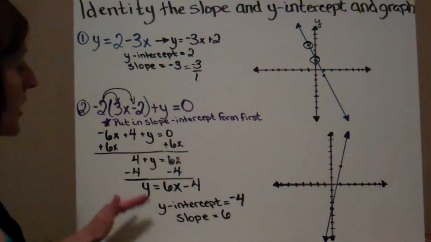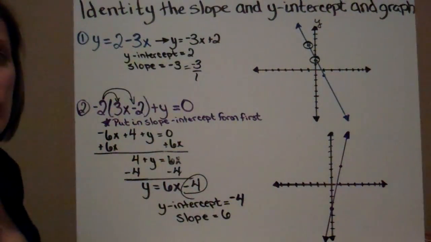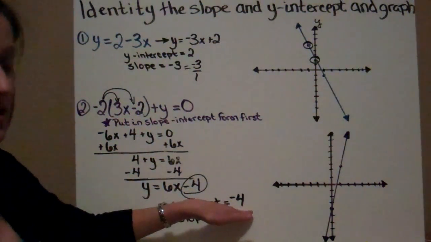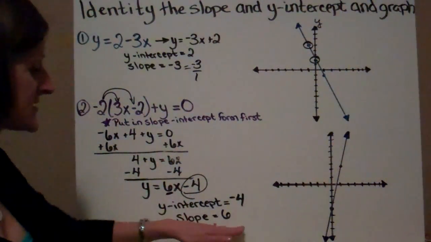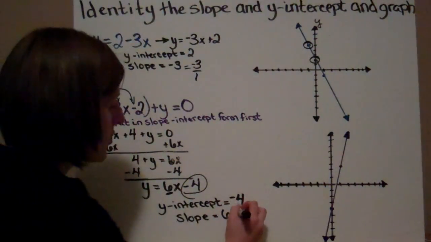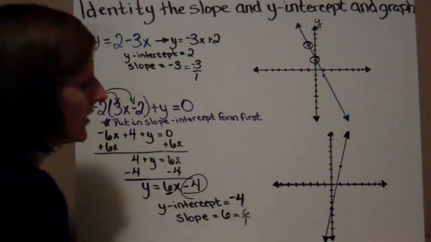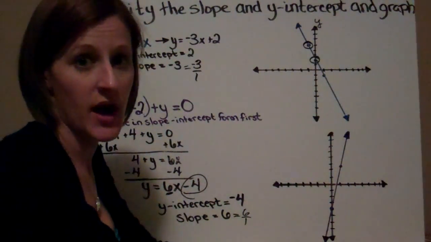Now, my y-intercept is what's back here. It's a -4, so my y-intercept's at -4. And my slope is what's in front of my x, which is this 6, so that's my slope. Remember, 6, when we're actually graphing it, we're going to use it as 6 over 1. So, come over here. First things first, graph your y-intercept.